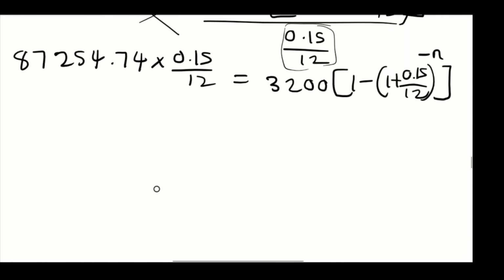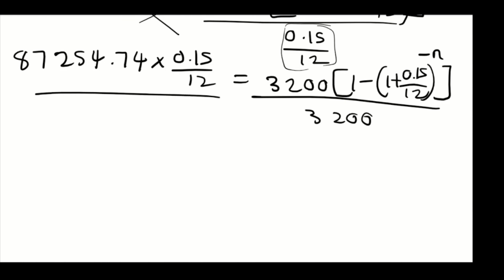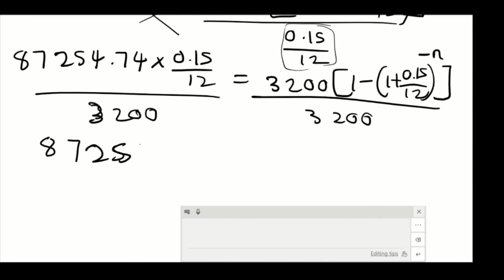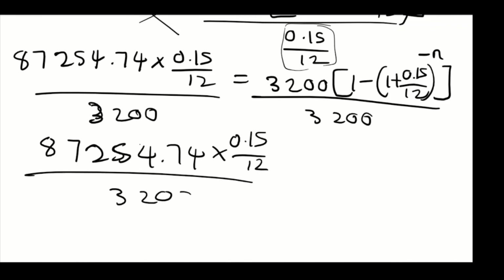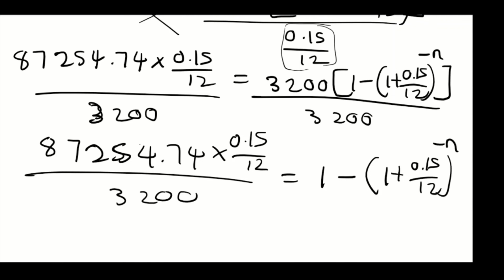Then from here we're going to divide by 3200, divide by 3200, then you're going to have 87254.74 multiplied by 0.15 over 12 divided by 3200 equals 1 minus 1 plus 0.15 over 12 to the power of minus n, right?